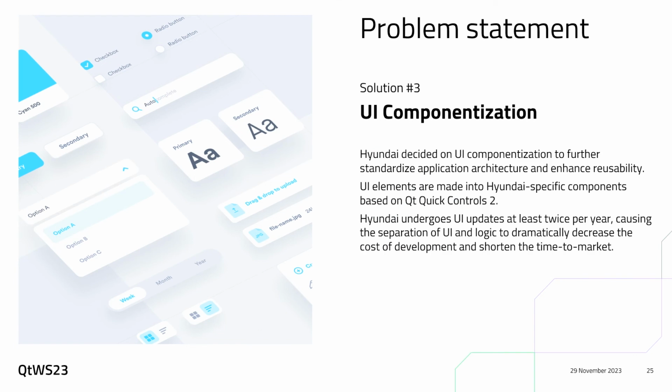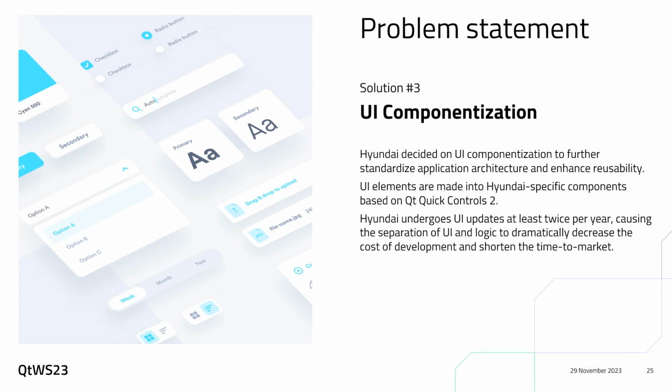The solution number 3 that they used was UI componentization. This is what I was talking about, where it allows the designers to be the designers while the developers can still be the developers. The developers are able to work at the app logic level, while the designers are able to work at the UI level, only focusing on the components there.